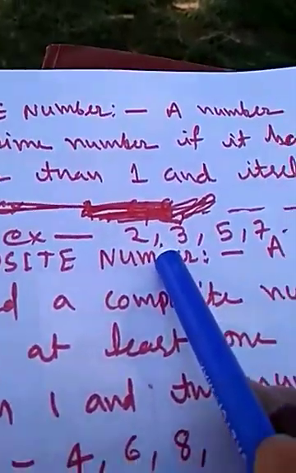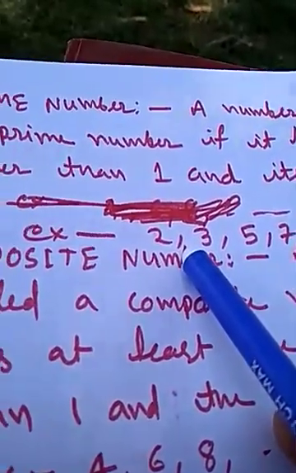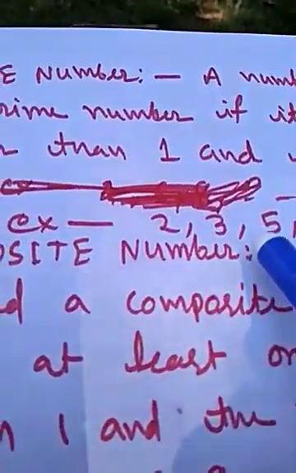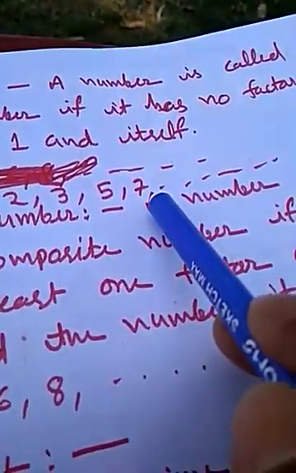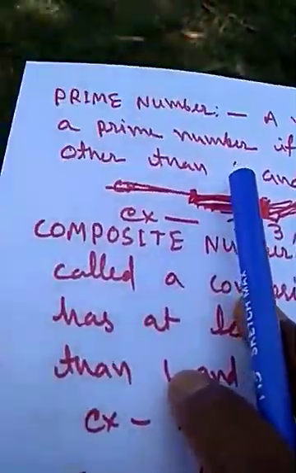Example: 2 is divided by only 1 and 2, means 2 has only 2 factors, so it is a prime number. 3, 5, 7 and so on, continuing we shall obtain the next prime numbers.